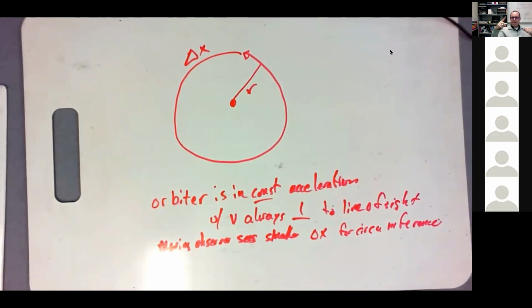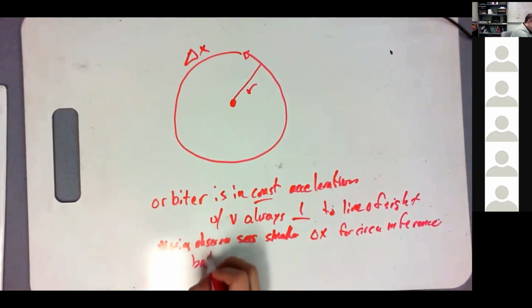Since the velocity of the orbiter is always perpendicular to the line of sight to the rest frame, to the Earth, they always have to agree on what r is, because that is never along the direction of motion. It's always perpendicular to the velocity, and length contraction only happens in the direction of motion. So they have to agree on r.